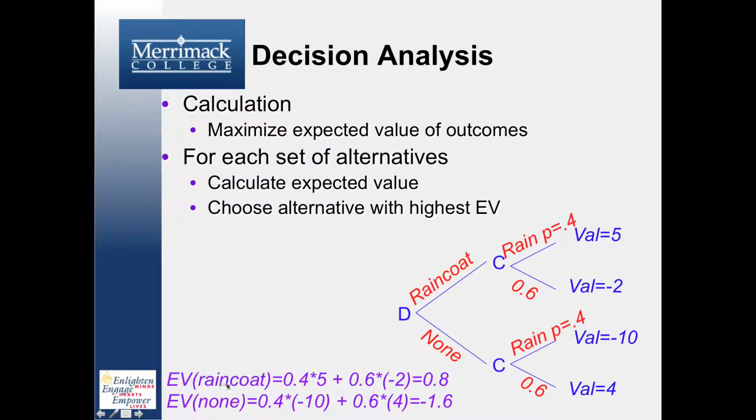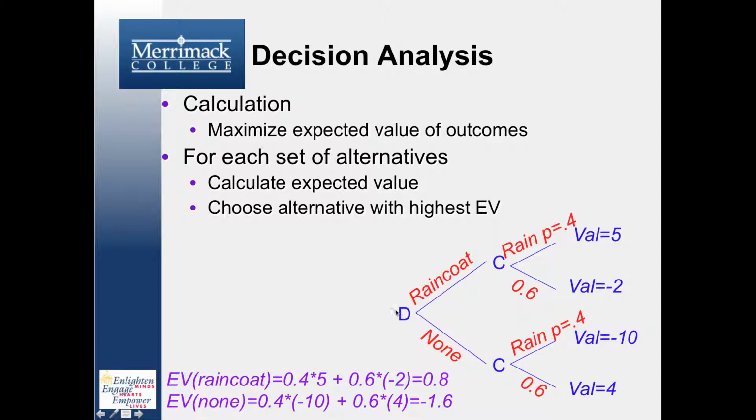Well, the expected value of choosing a raincoat is the probability of it raining times the value associated with that choice, plus the probability of it not raining times the value of that path. So my value is 0.8 for choosing a raincoat.